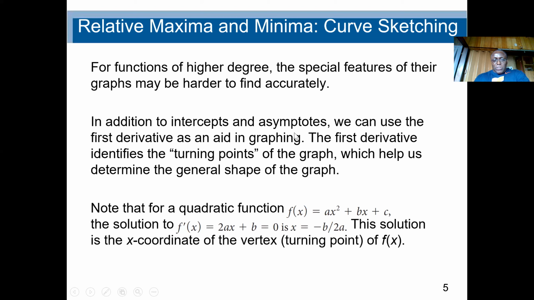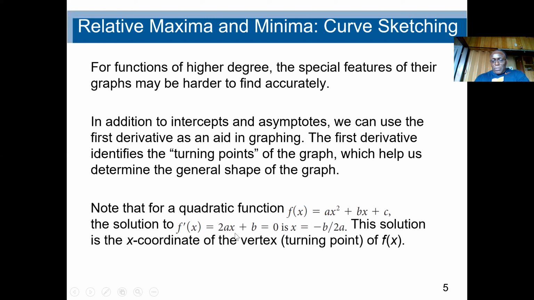We can use the first derivative as an aid in graphing. The first derivative identifies the turning point of a graph, which helps us to determine the general shape of the graph. And we will soon see an example. So for example, if I have a quadratic equation ax squared plus bx plus c, the derivative of f at x will be 2ax plus b.